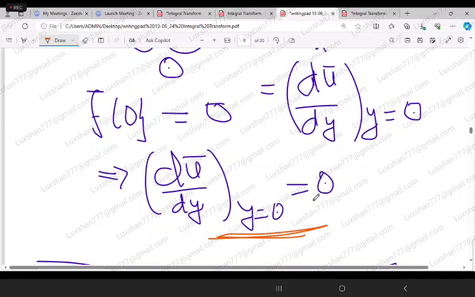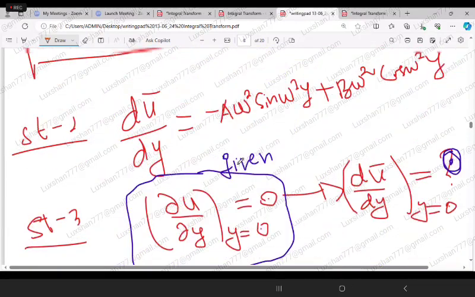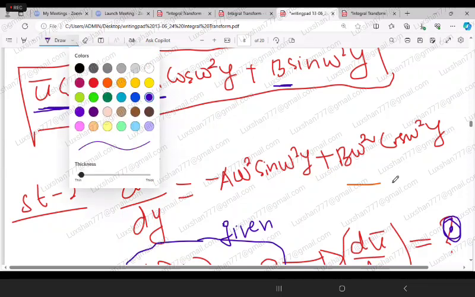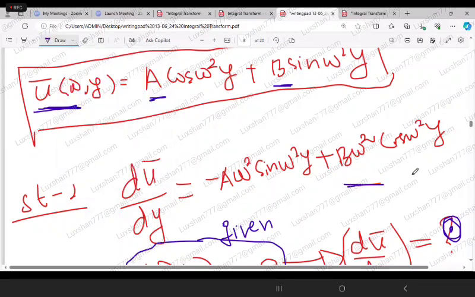Now we are going to put this in the equation. That is why we got this one in step 2. Now we have found the value of this when y equals 0. Say this is your equation 1.